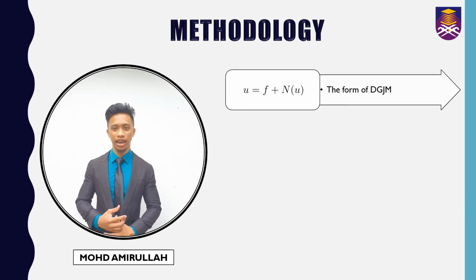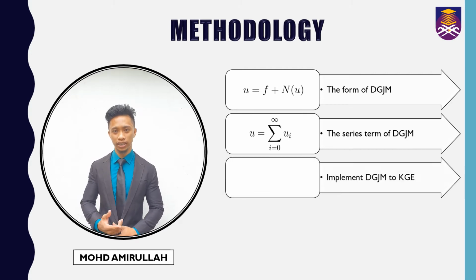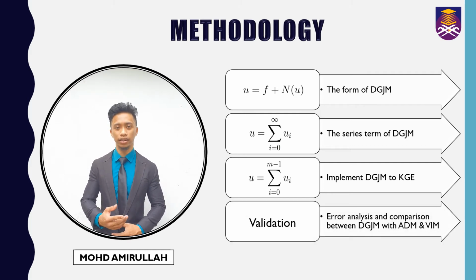By applying DGJM, the series term is obtained. Next, implement DGJM to KGE and the series term of KGE is obtained as shown. The validation process is done by making error analysis of the exact error. The comparison is made between DGJM with ADM and VIM.